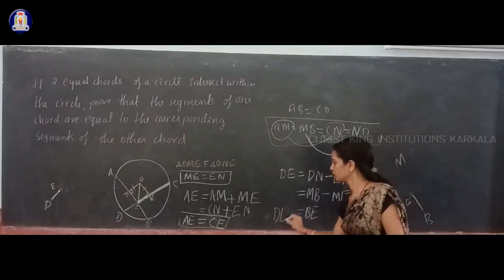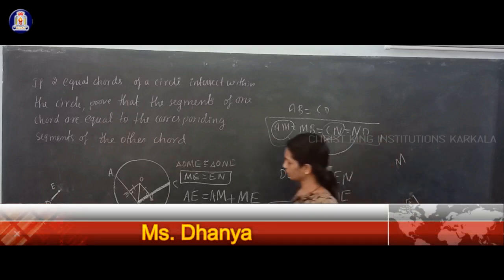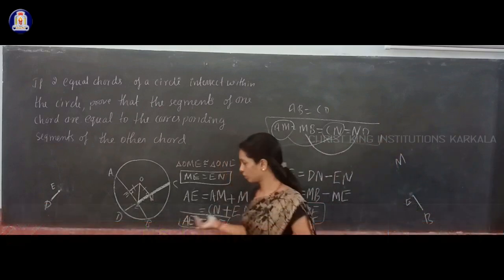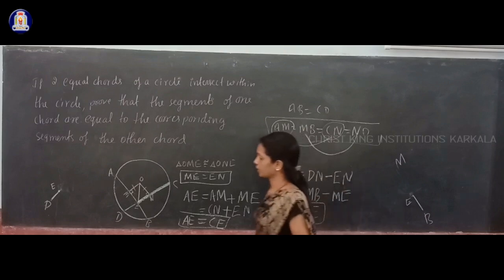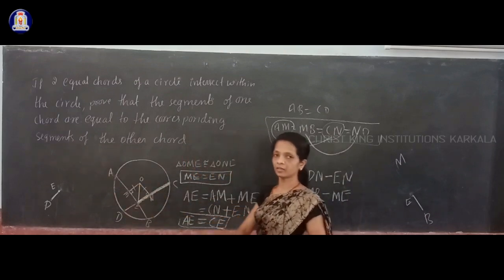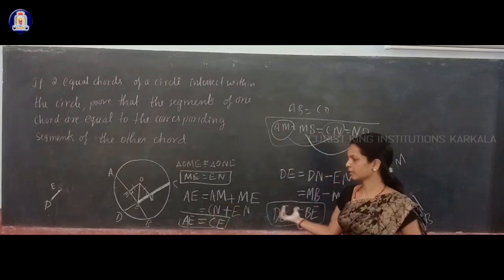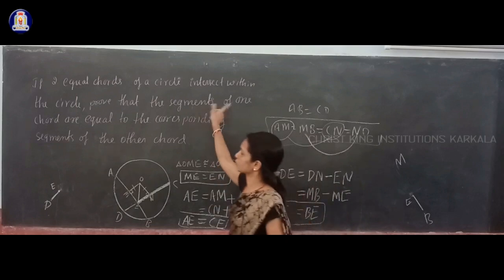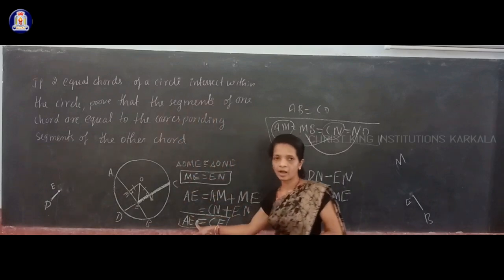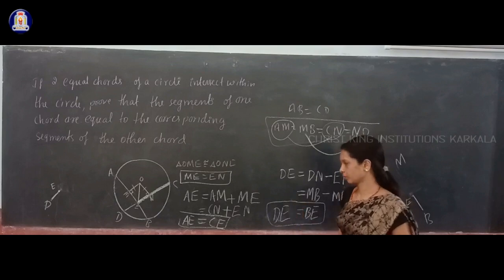We started with DE and that is equal to BE, we proved. So what we proved here, the lower segments are equal. What are these? DE and BE, they are the lower segments of these two chords AB and CD. So we proved here the segments of one chord AB are equal to the corresponding segments of another chord CD.